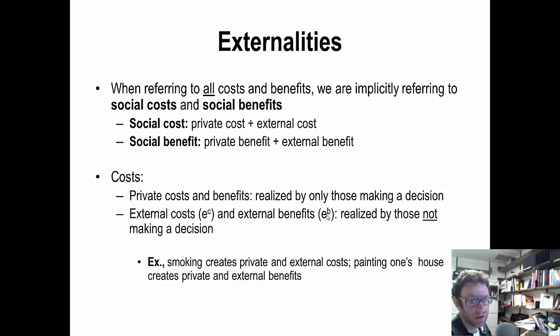But my neighbors, who really have no say in whether or not I actually paint my house, also benefit. Okay, and those benefits that they realize are external benefits, and their benefits plus my benefits, when added together, that's the full social benefit of that decision to paint my house. The exact same way that the full social cost of smoking cigarettes should account not only for the costs of the private decision maker, but the costs that are realized by non-decision makers, in particular secondhand smokers.